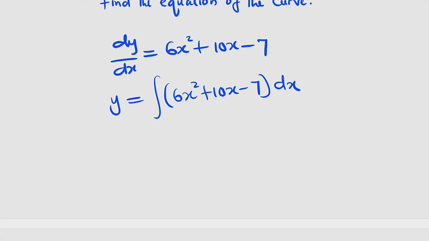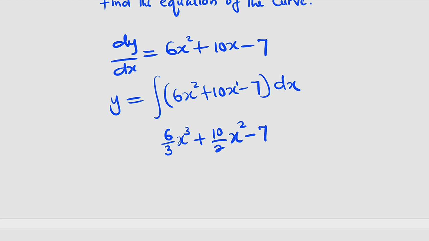Let's integrate term by term. This power will increase by 1, it becomes 3, and you have to divide by the 3. So you have 6 divided by 3, x to the power of 3 plus. The power of x here naturally is 1, and 1 plus 1 is 2. So we have 10 divided by 2, x squared minus. Having a constant, all you have to do is to multiply it with x.